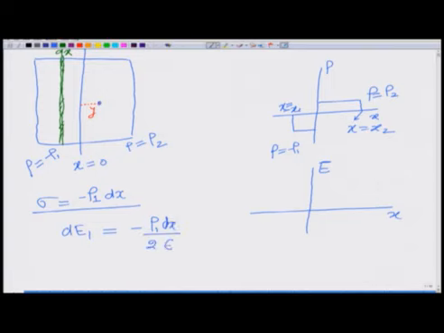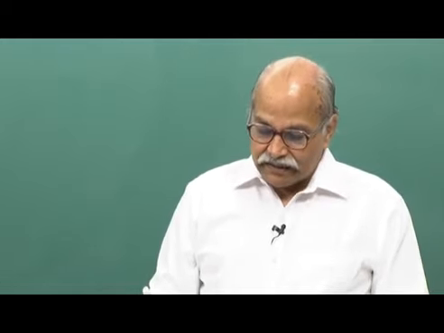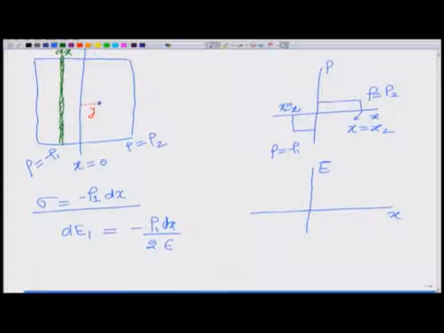This epsilon is epsilon naught times k, the dielectric constant, which is 12 for silicon. This is the electric field because of this dx, and then you integrate it over this whole region to the left of the junction.